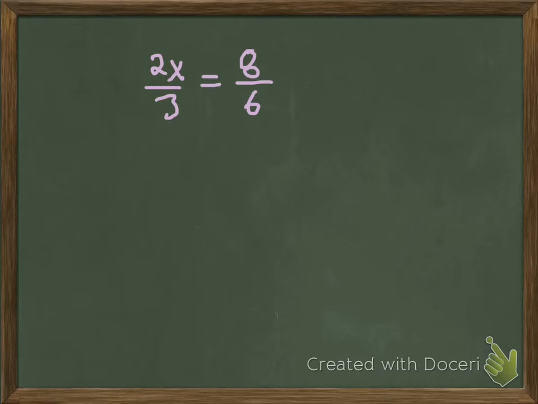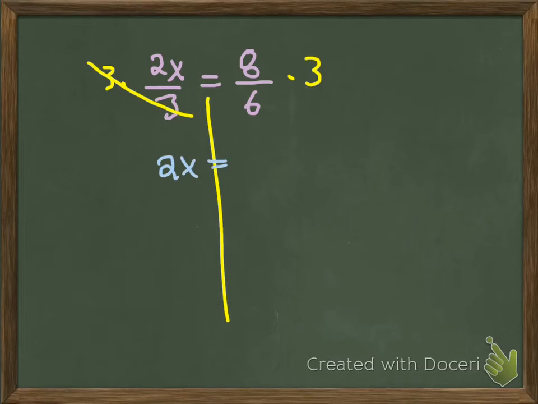2x over 3 equals 8 over 6, line down the middle. I'm going to try and solve for x, so my idea here is to get rid of the 3 by timesing 3 to both sides. If I multiply by 3 on both sides, these cancel, and I get left with 2x equals 8 times 3 is 24, so I have 24 sixes.